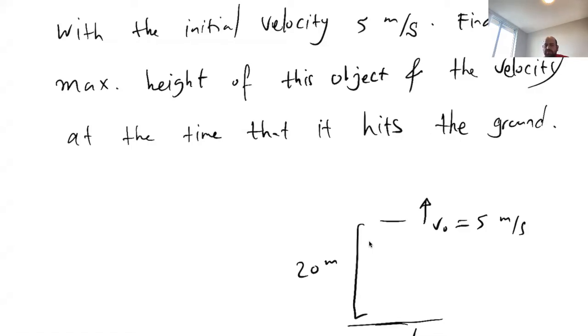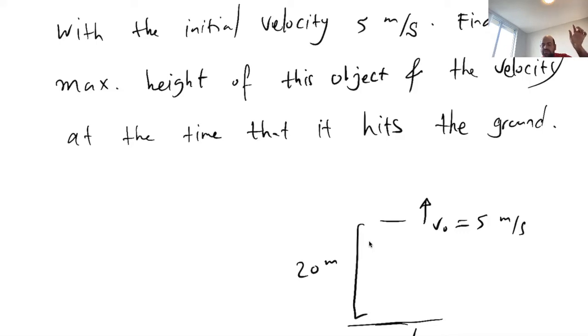The time that it stops means the time that velocity becomes 0, right? The object goes up and the velocity becomes slower and slower. It stops at some point, then it comes down. So the time that it stops is the time where it reaches the maximum height.